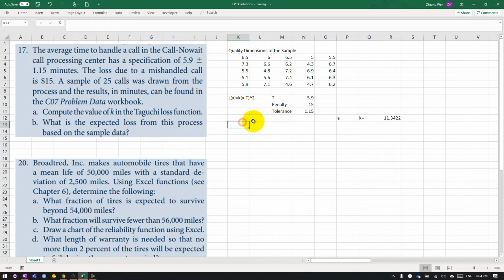And then the Taguchi loss function can sometimes also help us to calculate the loss for a certain process. So here this is going to be the variance of S plus the expected deviation, and this will give us the expected loss for the process, right?